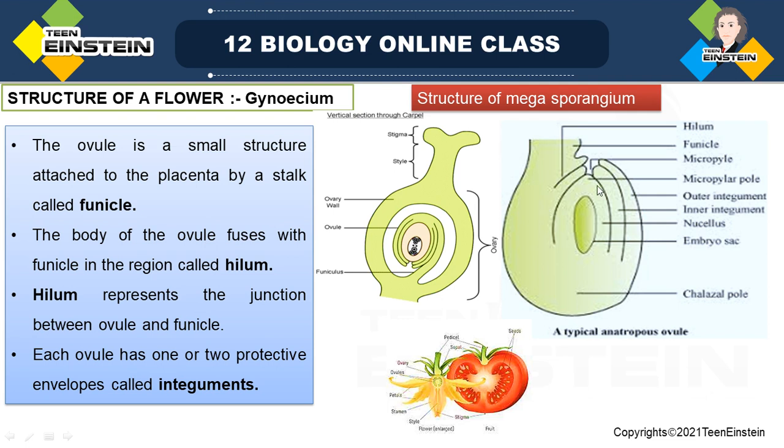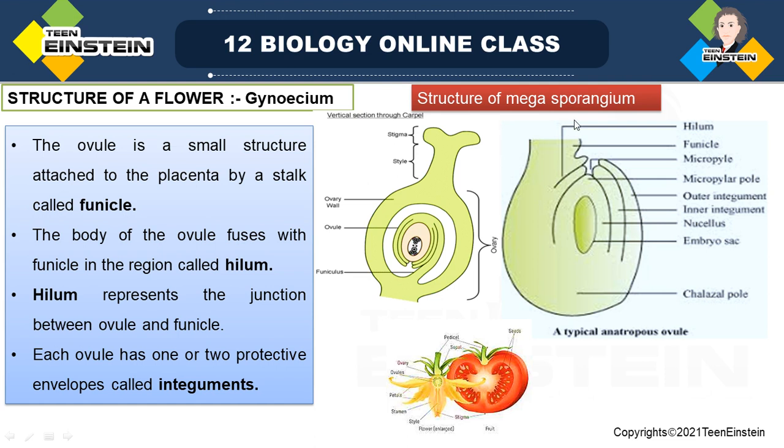In this anatropous ovule, first you can see the funicle or funiculus, which is attached to the placenta by a stalk-like structure. The body of the ovule fuses with the funicle at a particular region, and that region is called the hilum.